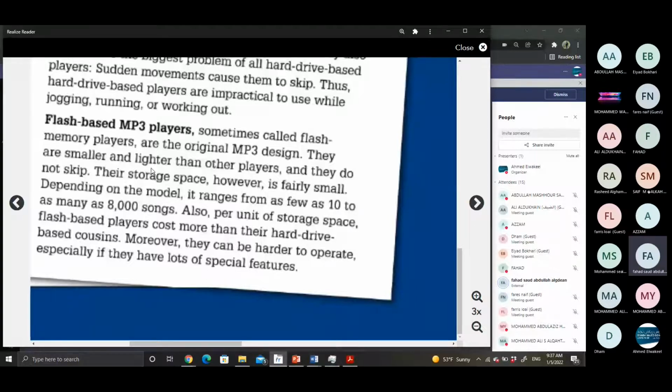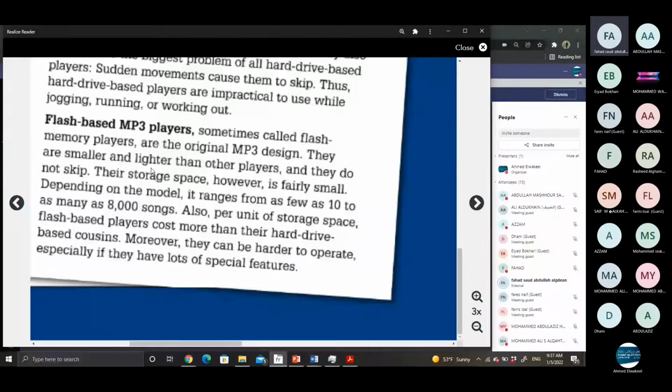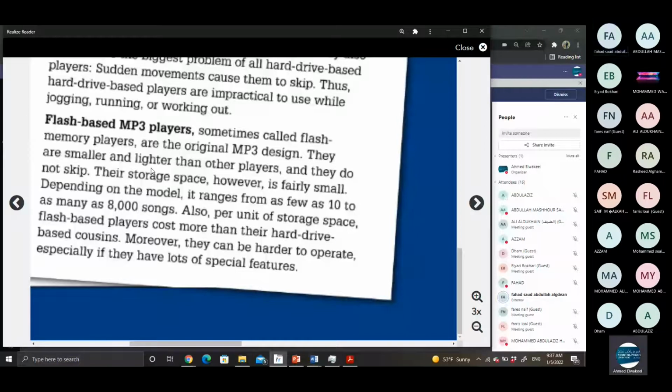It ranges from as few as 10 to as many as 8,000 songs. Also, per unit of storage space, flash-based players cost more than their hard drive-based cousins. Moreover, they can be harder to operate, especially if they have lots of special features.